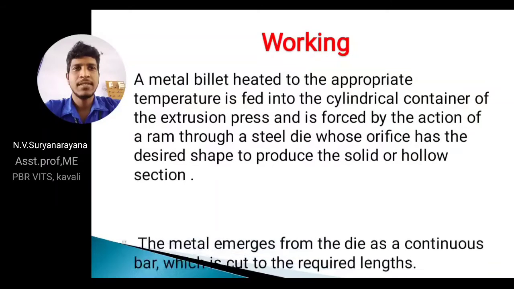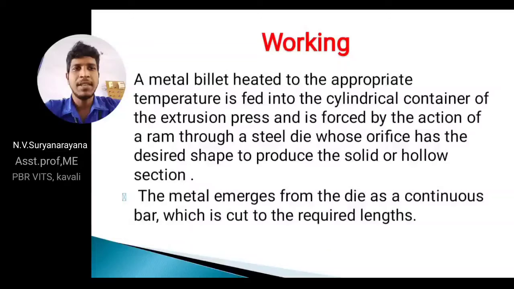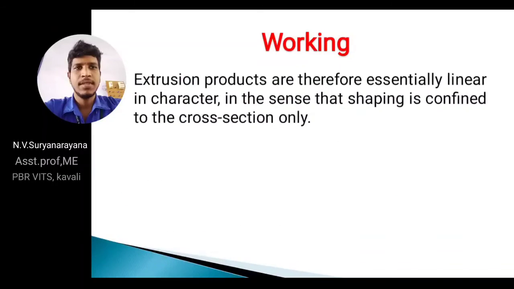And next, the metal emerges from the die as a continuous bar which is cut to the required length. Extrusion products are therefore essentially linear in character, in the sense that shaping is conformed to the cross section only.